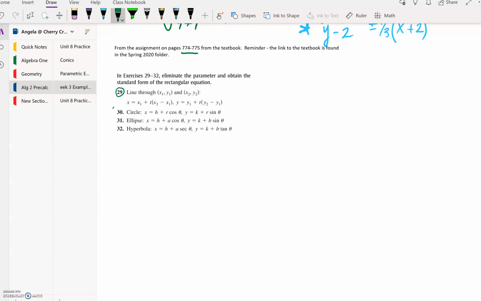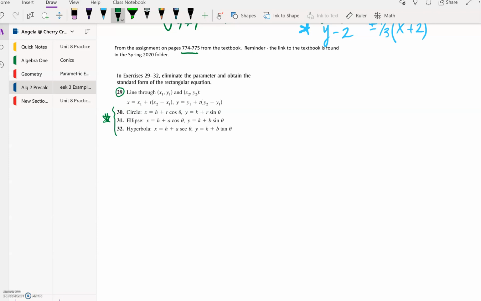And then I went ahead and left these in because each of these pieces where it has x equals h plus a secant theta and y equals k plus b tangent theta for a hyperbola, these are nice for you to look at just so you kind of know the direction you're going when you start with something written as a parametric and you're eliminating the parameter in order to write your rectangular equations for the circle, ellipse, or hyperbola. So I just kind of make a note of these, that they are here. You might want to write them down somewhere. I think they will help you with your homework.